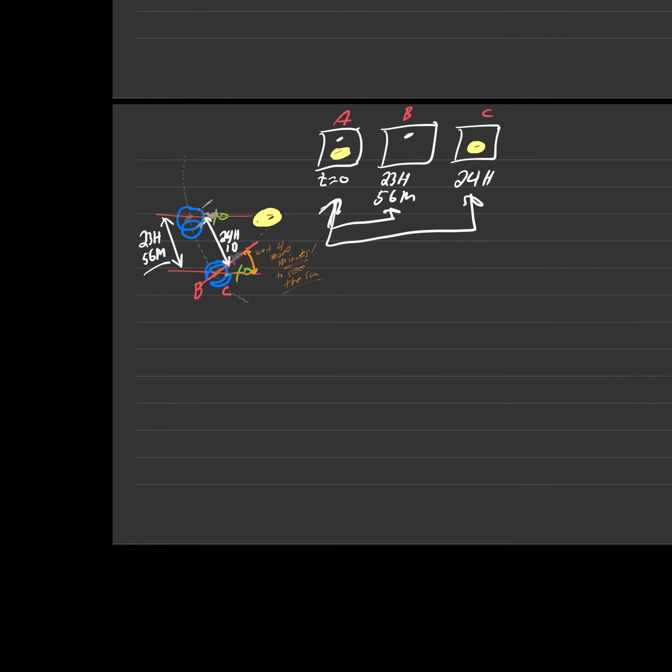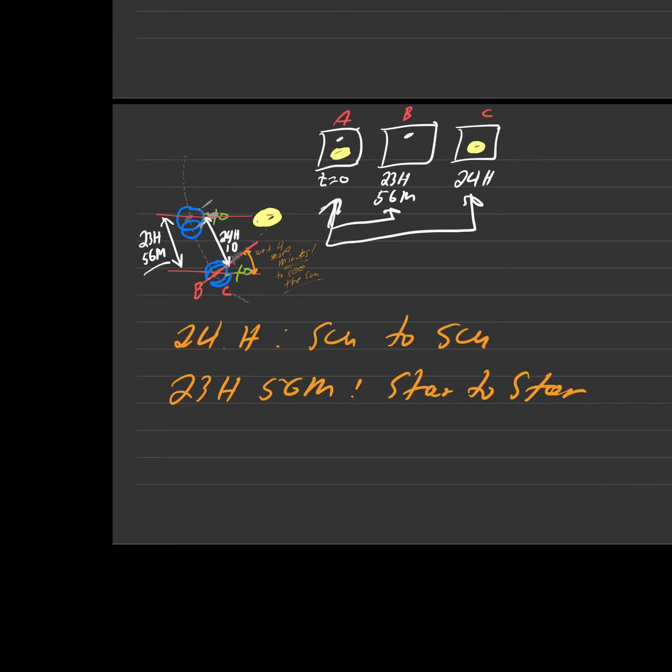And in conclusion then, we can get back to Mercury now. 24 hours is your sun to sun view, always, even taking the Earth's orbit into account. 23 hours, 56 minutes is star to star.